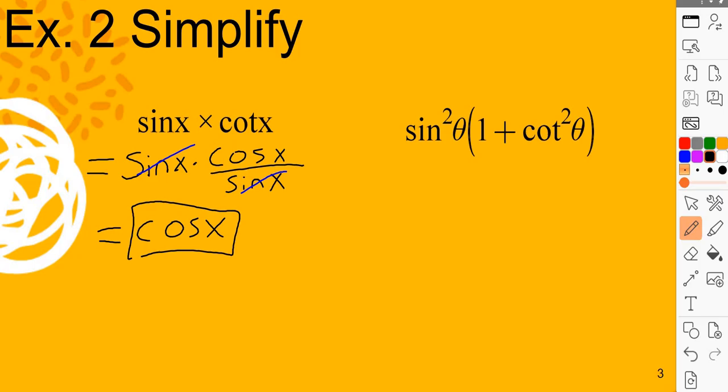So which one of our identities has a 1 and a cotangent squared in it? We're looking at our Pythagorean identities, and we have three. We have sine squared plus cosine squared equals 1. Well, my sine squared on the outside doesn't have a cosine squared or a 1 with it right now, so that one's not going to be super helpful. Our next one is what?